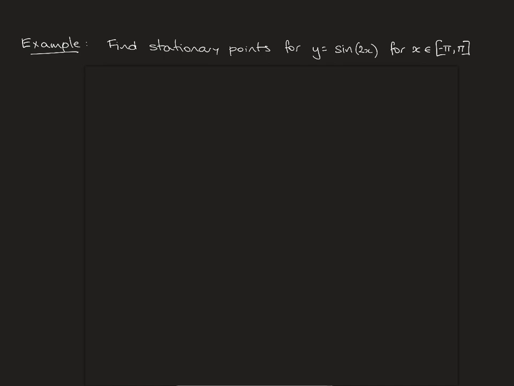So let's have a look at this example. Find the stationary points for y is equal to sine of 2x for x is an element of the set of numbers between negative pi and pi. To find stationary points, the first thing we need to do is find the derivative. The derivative of sine 2x is 2 cos of 2x.